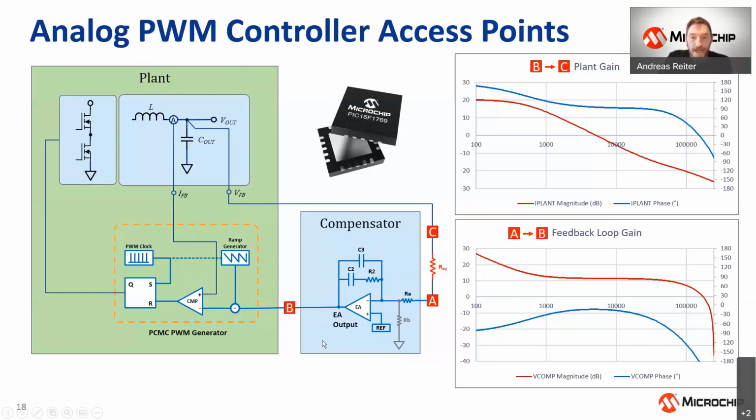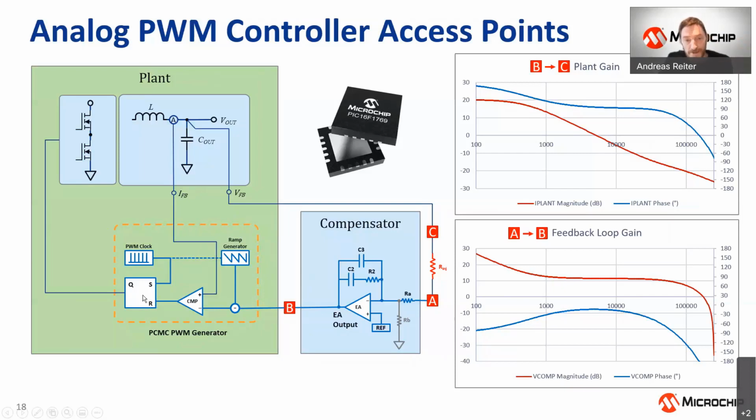So when we look into this, it's also important to consider that everything that is actually driving your switches, so the complete switch node driving logic, PWM, comparators, SR latches, whatever might be buried in there, is actually part of the plant.